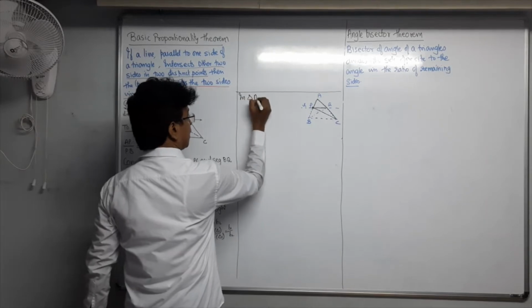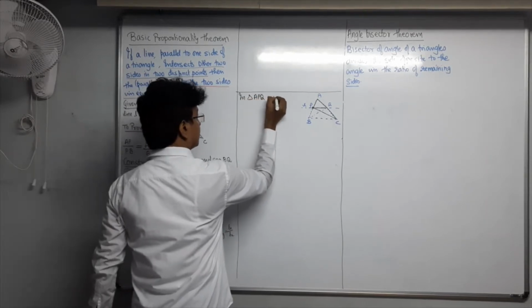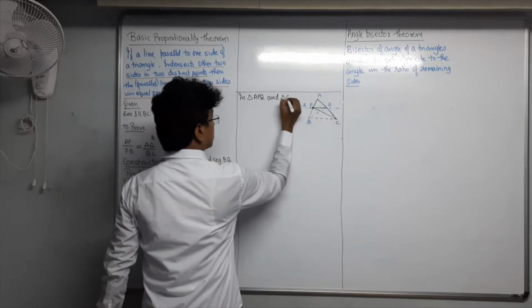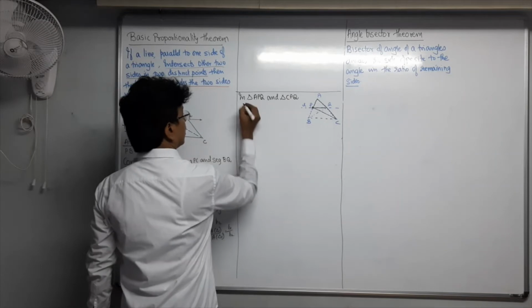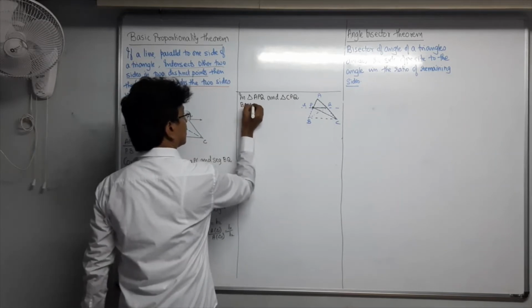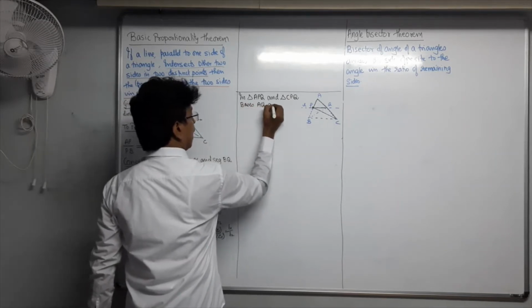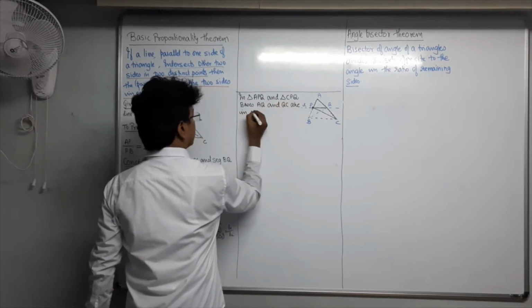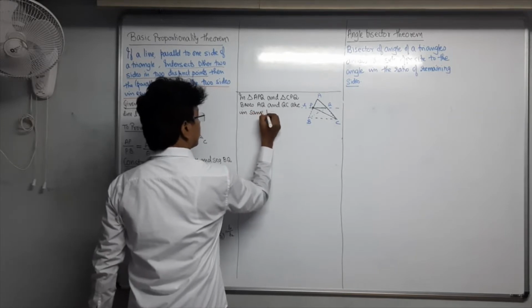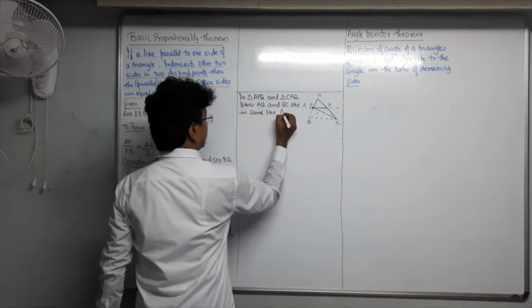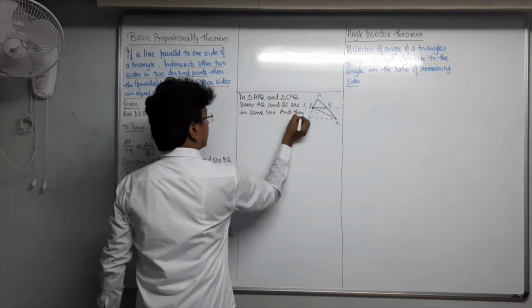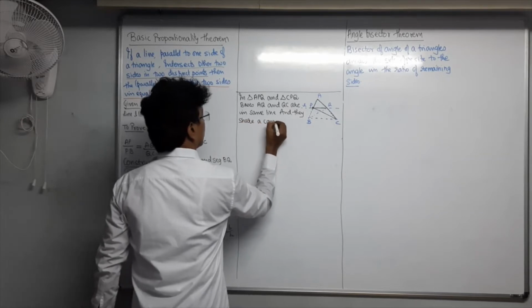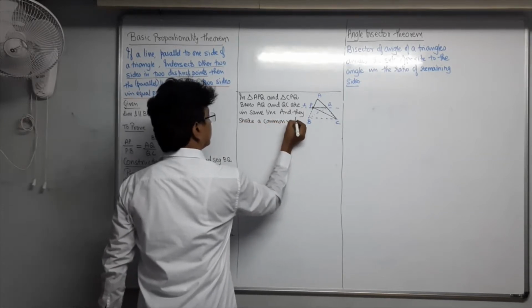In triangle APQ and triangle CPQ, bases AQ and QC are in the same line and they share a common vertex.